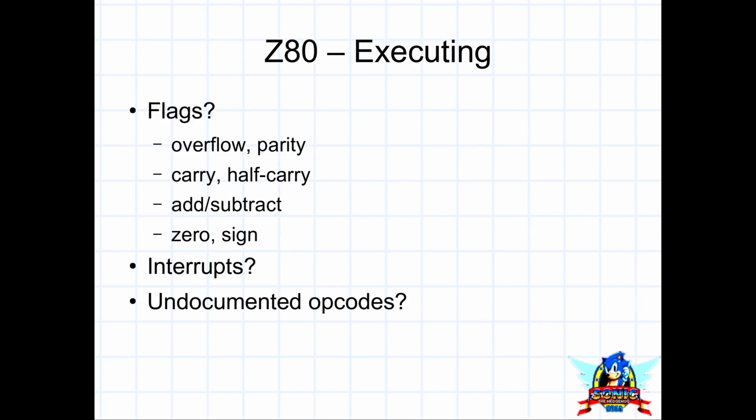When the beginning of a video frame happens, the video chip generates an interrupt to say, hey, it's the start of a new frame. The Z80's interrupt pin goes low, and it's up to the CPU to stop executing where it is and to head off to some other part of memory by reading from that low area of memory, if you remember, the one that always comes from ROM bank 0. So we need to handle those in some way.